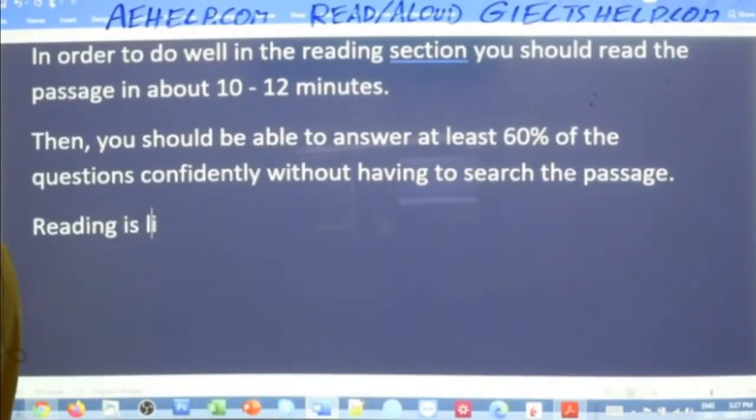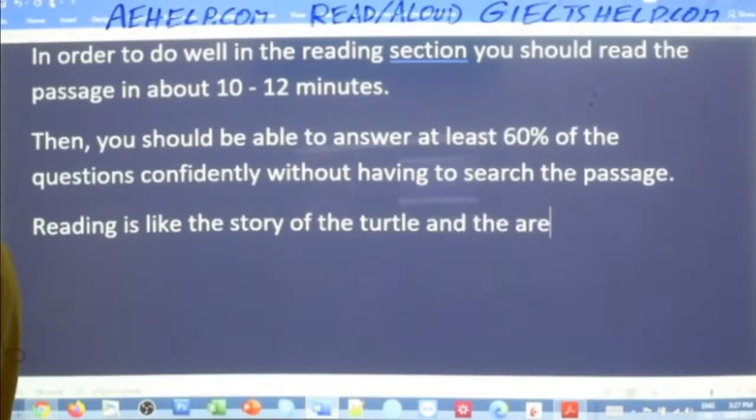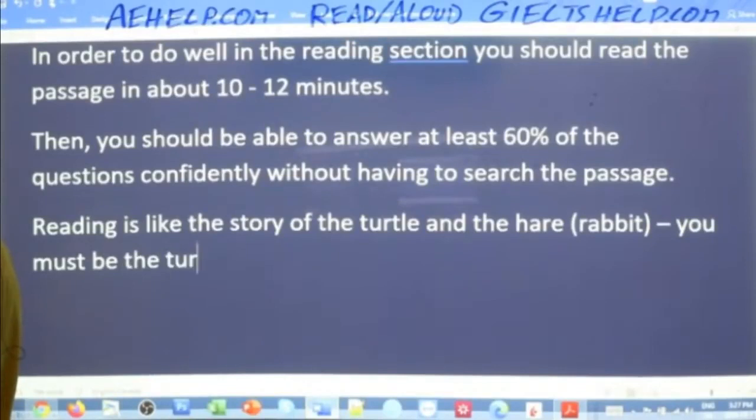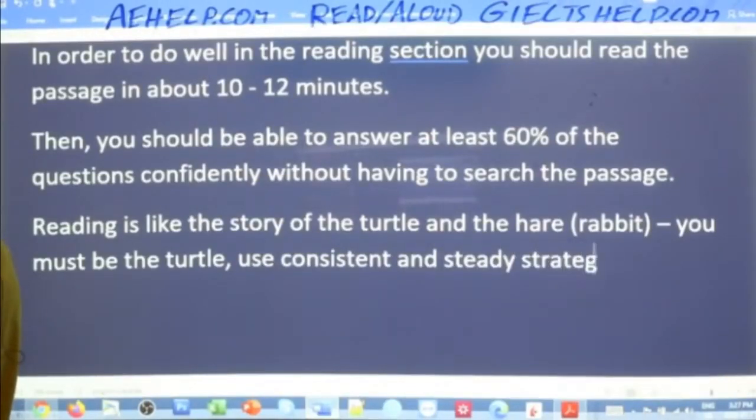Reading is like the story of the turtle and the hare. Hare is a rabbit. Okay. You must be the turtle. Use a consistent and steady strategy.